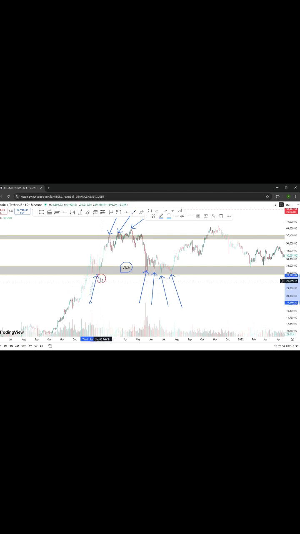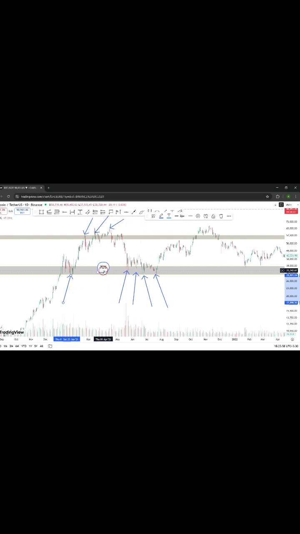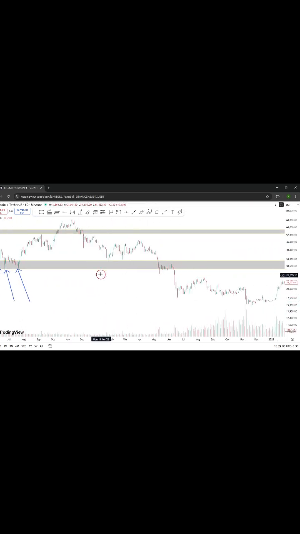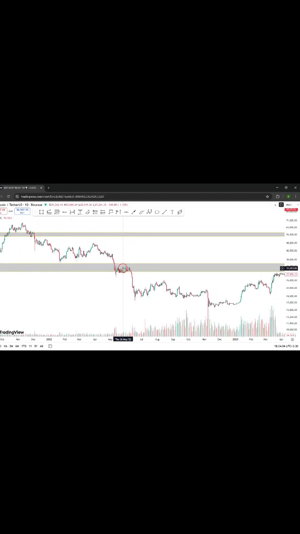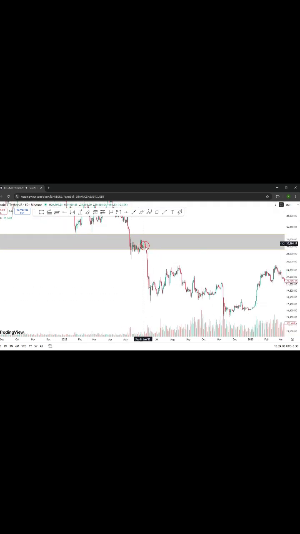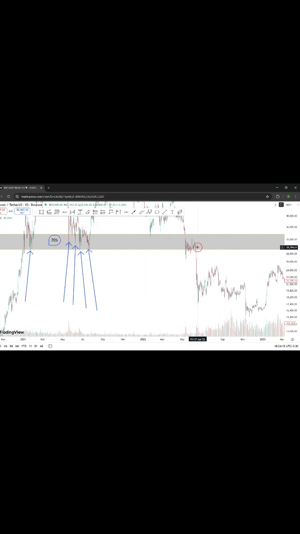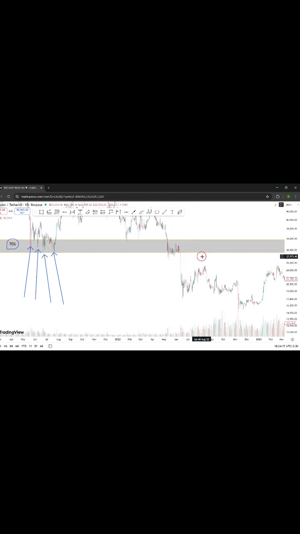From the past, this area was a support area, and going forward, as you can see, this area broke so sharply, from here to here. This area that was a support area is now a resistance area.